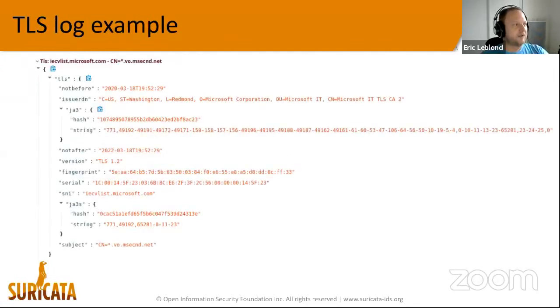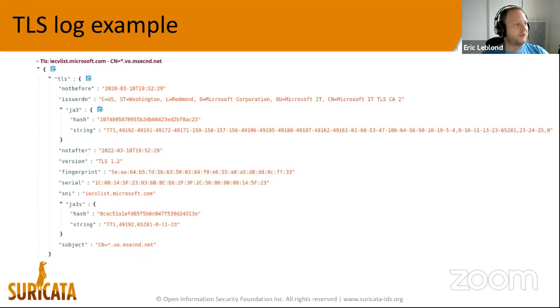So here is an example of a TLS 1.2 event in Suricata. The first field is the validity, with the not before, and then the not after a bit below. This is the information about the validity date of the certificate. Then you have the issuer DN, the certificate authority that signed the negotiation.